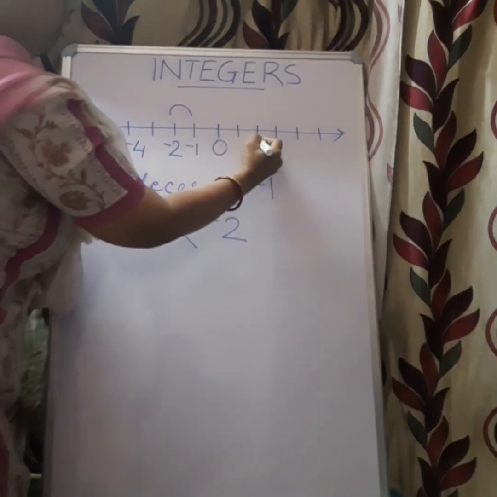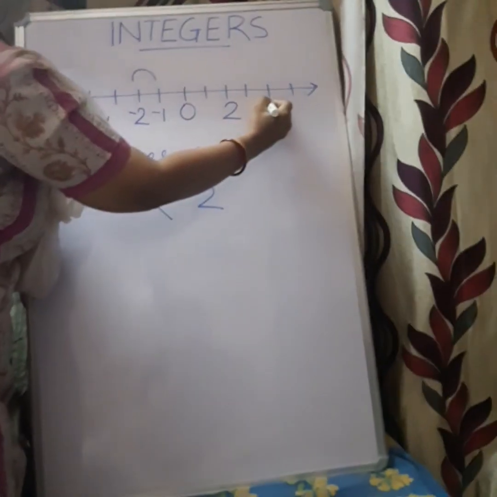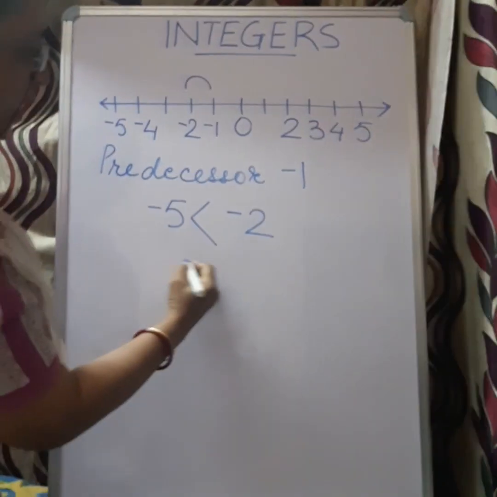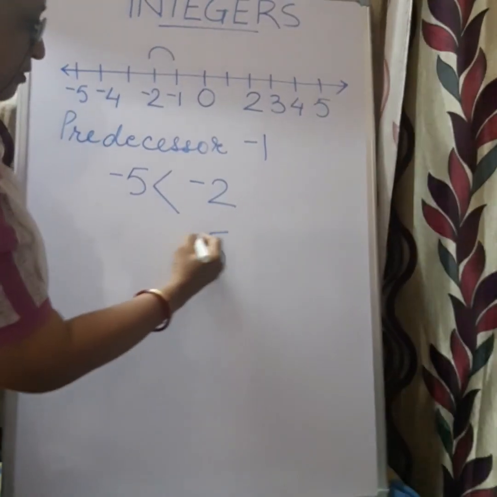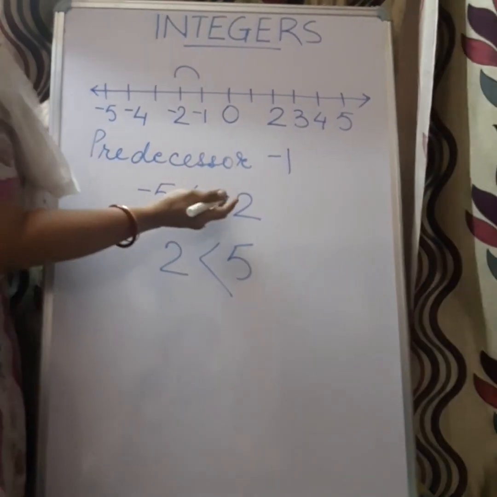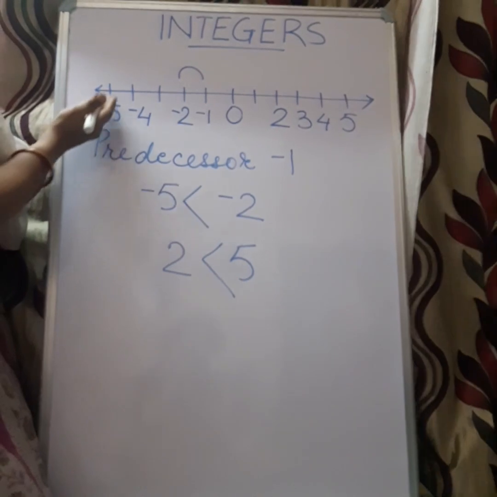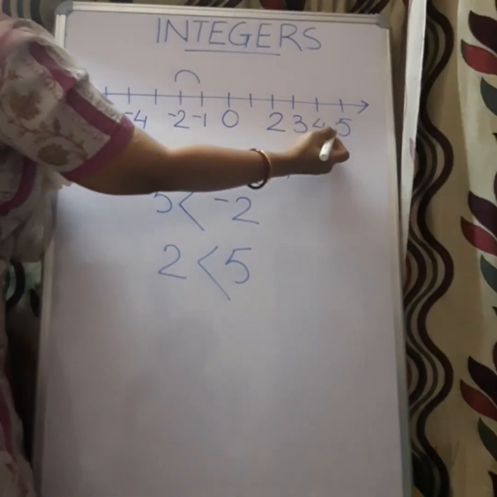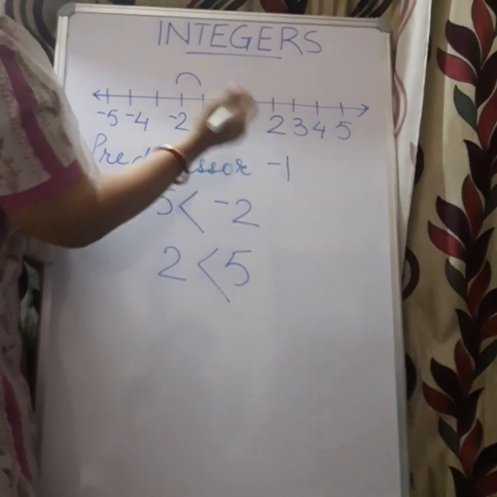While over here 2, 3, 4, 5. So 5 is greater than 2. Why? Because minus 2 is towards the right hand side of minus 5 and 5 is towards the right hand side of 2.